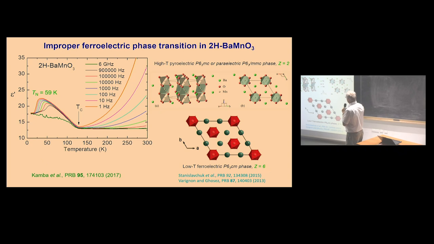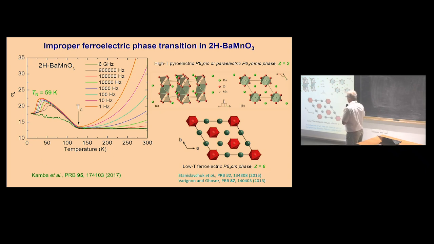And there was also theory showing that the high temperature phase, which is pyroelectric of this symmetry or paraelectric of this symmetry, with 2 unit cells, should go to a larger unit cell with 6 formula units, and so finally this hexagonal phase has such symmetry. So this is due to an improper ferroelectric phase transition.